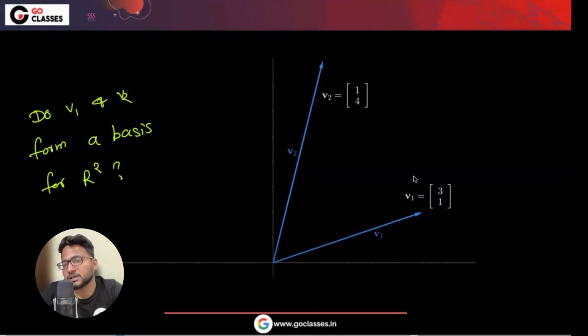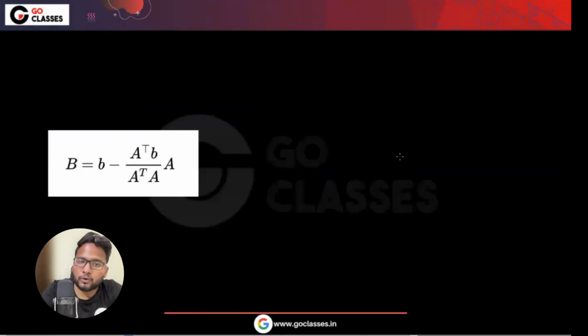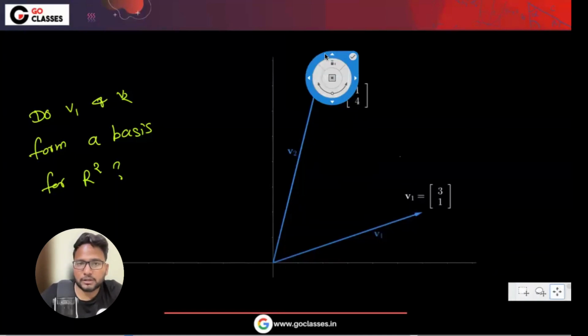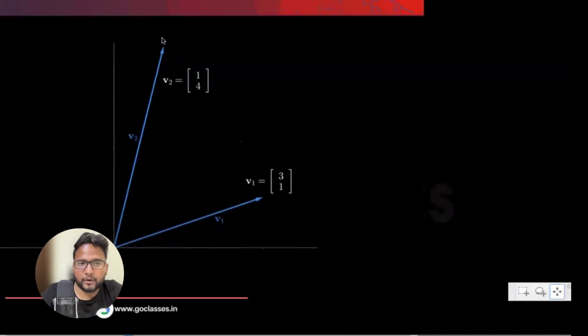But we want a basis where the vectors are mutually orthogonal, which means if you take the dot product of any two vectors in the basis, it gives 0. So this is the objective that we want. So we are basically going to find a basis whose vectors are perpendicular to each other.